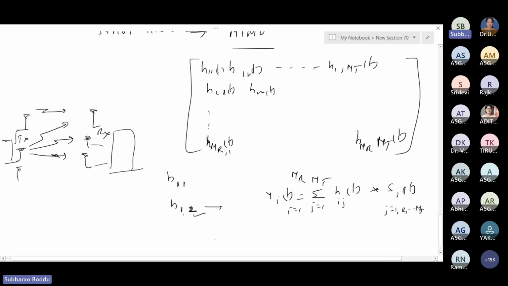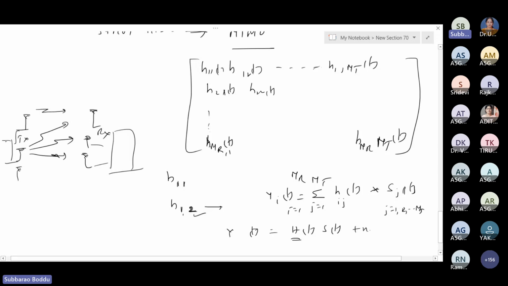Finally, we write a matrix equation: y of t is equal to h of t with s of t. Note down, h of t is a matrix, s of t is a vector and y of t is a vector.